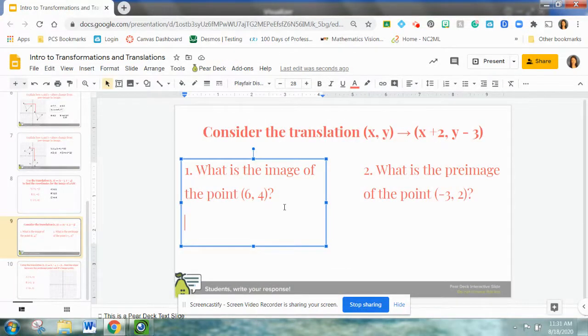If I'm going to find the image of this coordinate, this is living on the pre-image. So let's call this point A. So A prime would be 6 plus 2, giving me 8. 4 minus 3, giving us 1.